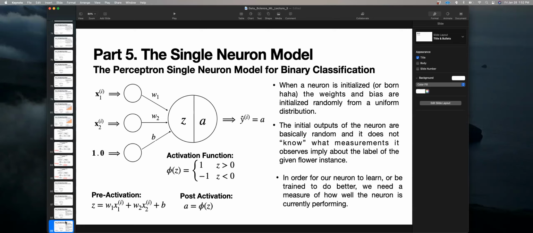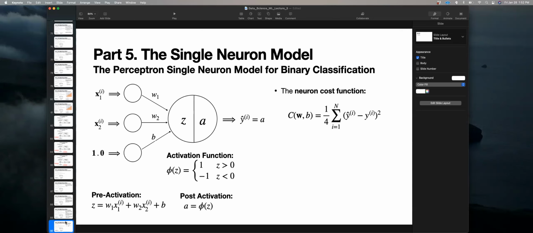In order for our neuron to learn and be trained better, we need a measure of how well the neuron is currently performing. So we introduce a cost function. Remember earlier I mentioned loss and cost functions. I happen to use C here instead of L, but this is the cost function that I'm going to choose.